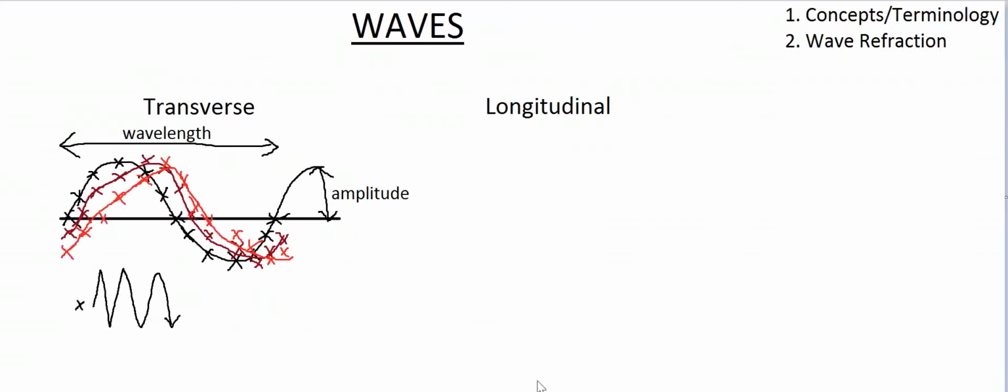Longitudinal waves are waves where the wave particles move parallel to the direction of motion. Let me use this analogy first.